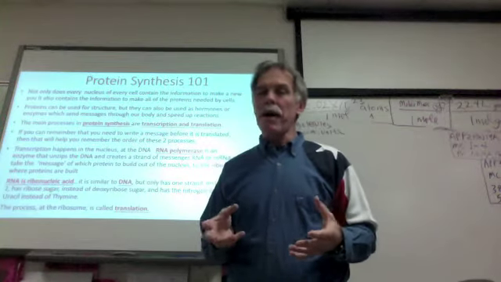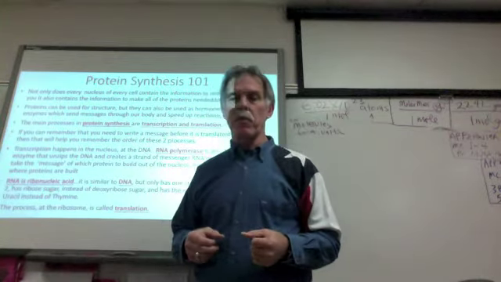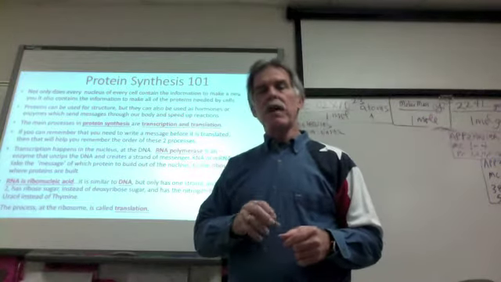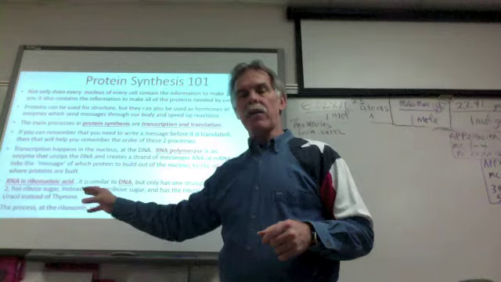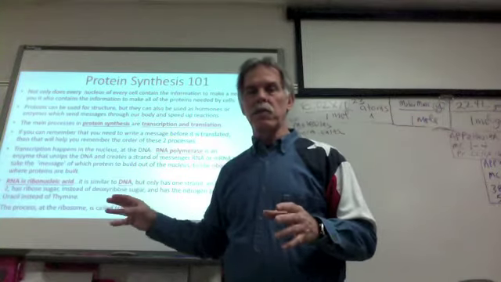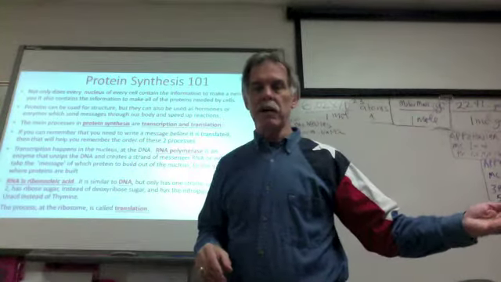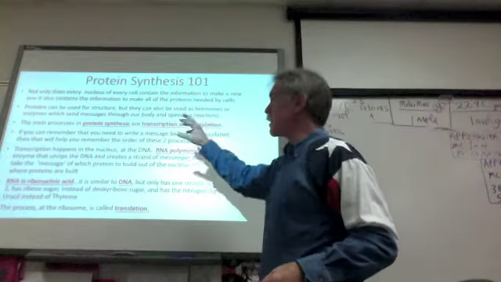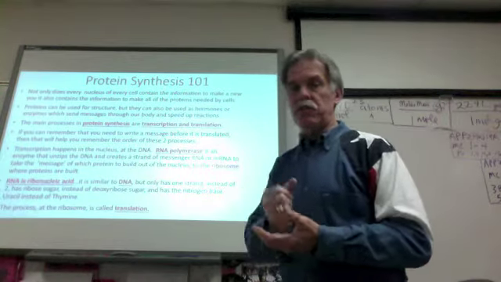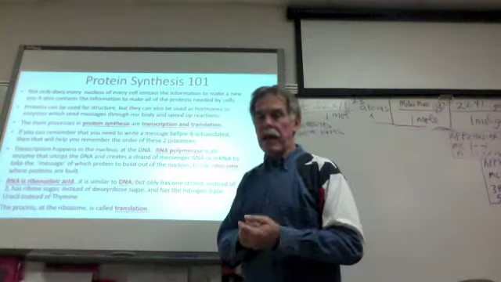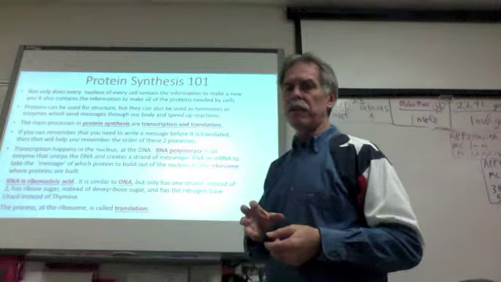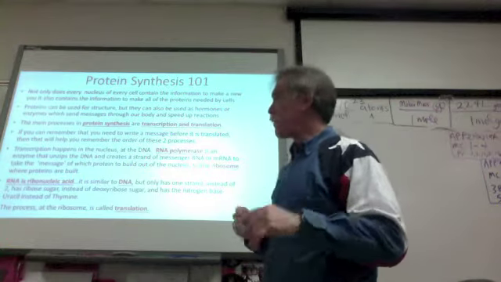It's also alphabetical, which will help you remember: trans-C and then trans-L. Translation happens out at the ribosomes, and that's where proteins are made from the information that comes from the nucleus. So protein synthesis has two main parts, transcription and translation. I would make a flashcard with those pieces of information and a definition of each.